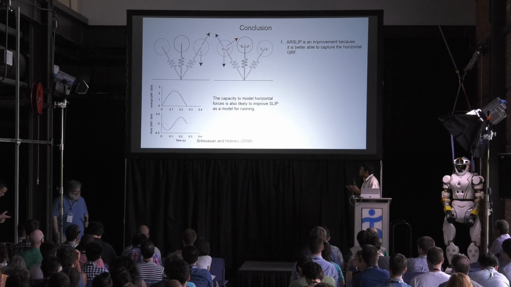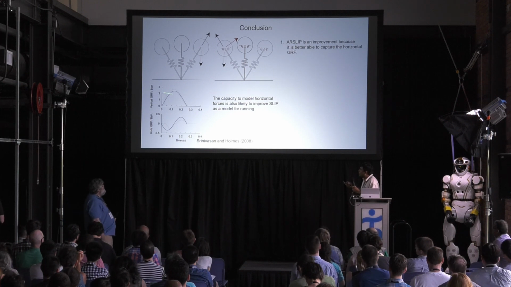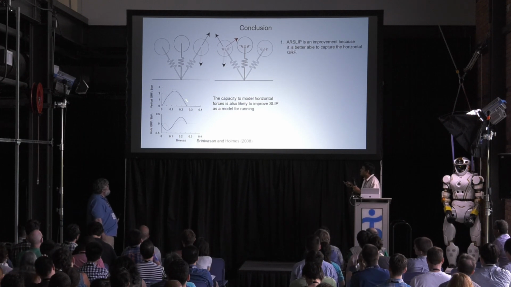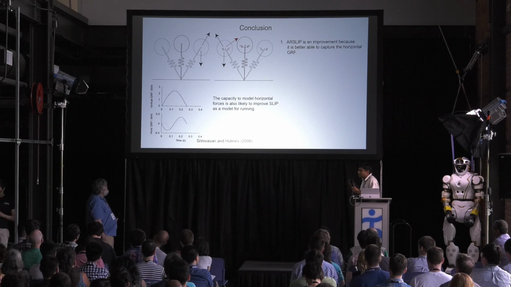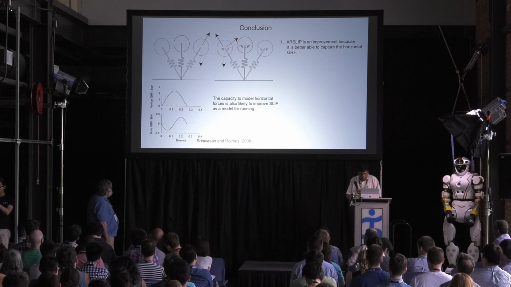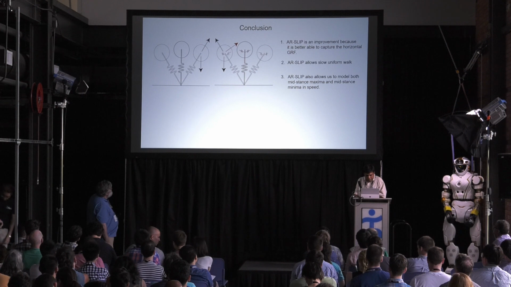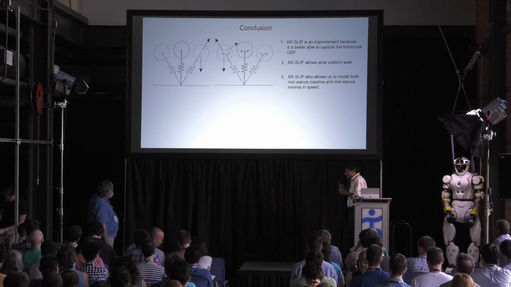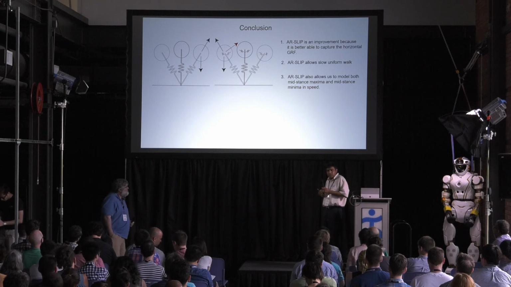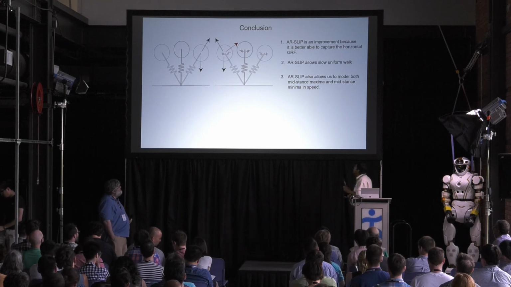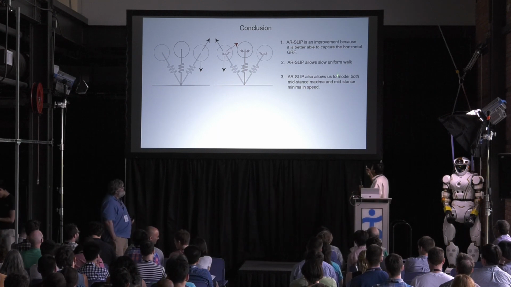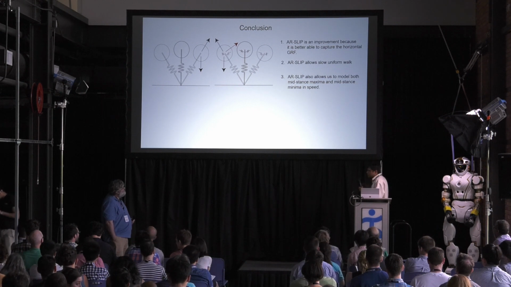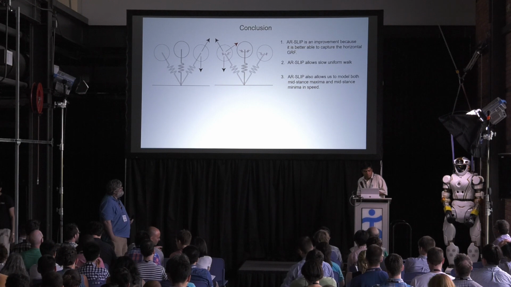This is work which suggests that slip does really well with VGRF, but not so much with the horizontal ground reaction forces. So to summarize, the AR slip is needed to better understand the horizontal ground reaction forces, which enable us to model slow uniform walk, as well as reproduce the inverted velocity profile.